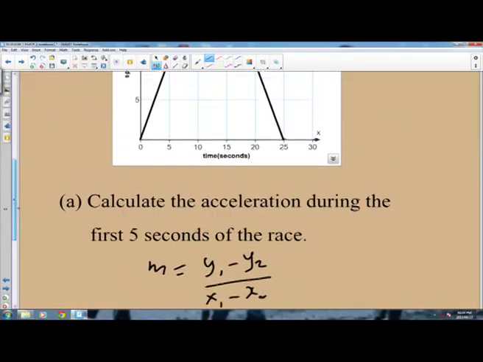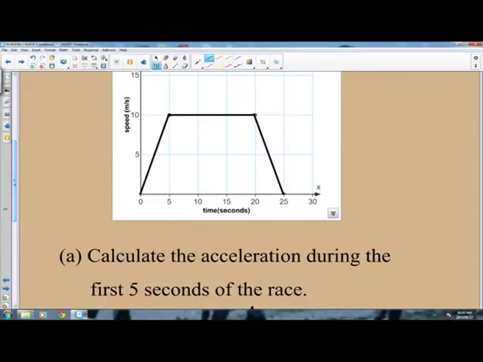The line is here on the diagram, so all that you need to do is to pick 2 points along this line and use them to calculate the slope. The first point is the point 0, and the other point is 5, 10.